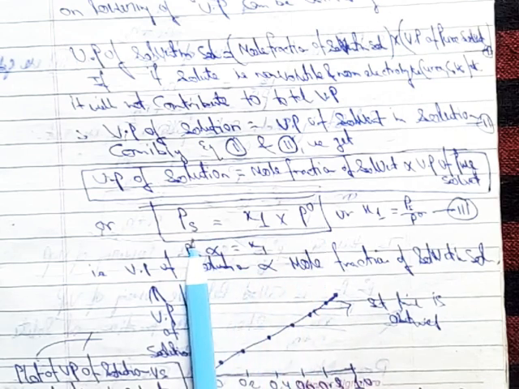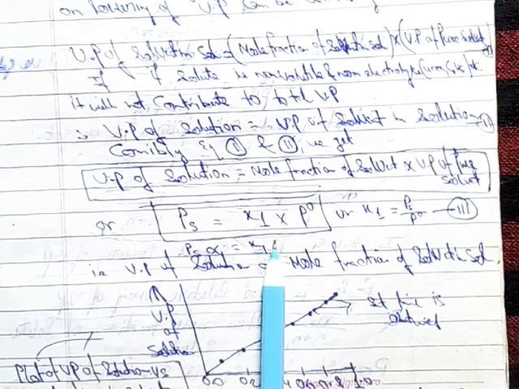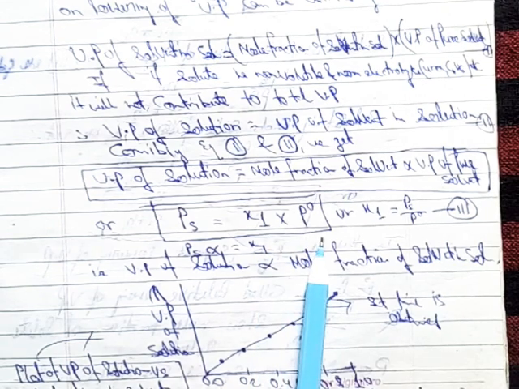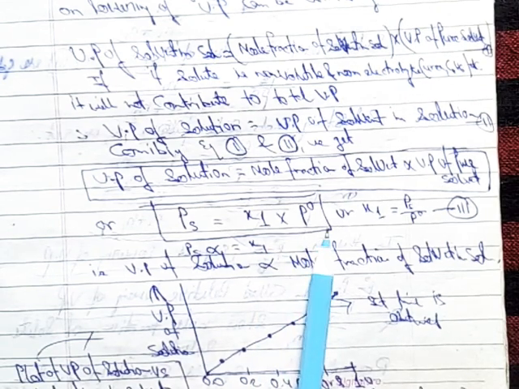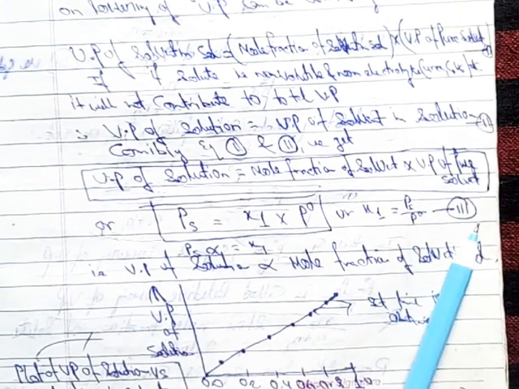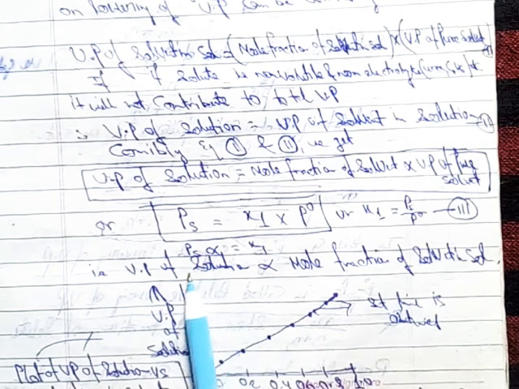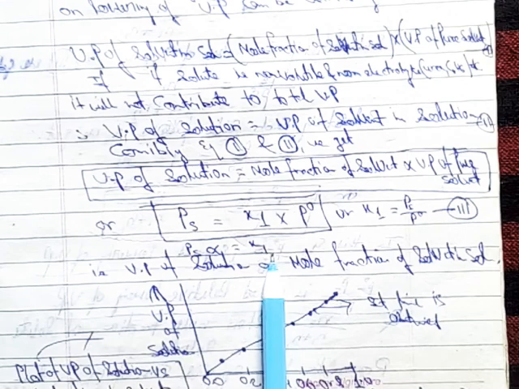So we have the final formula: the vapor pressure of the solution P_S is equal to the mole fraction of the solvent X1 times the vapor pressure of the pure solvent P naught, or X1 equals P_S by P naught. This is equation 3. Finally, P_S is proportional to X1.